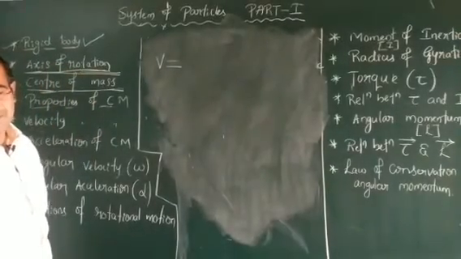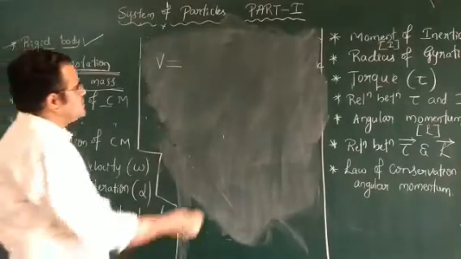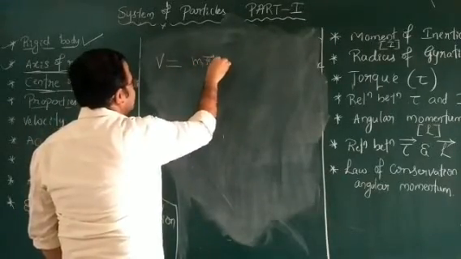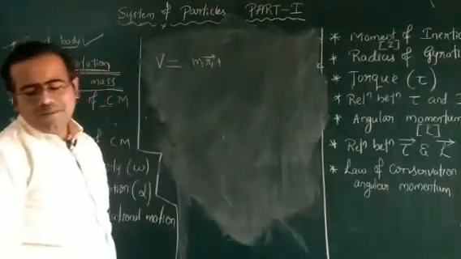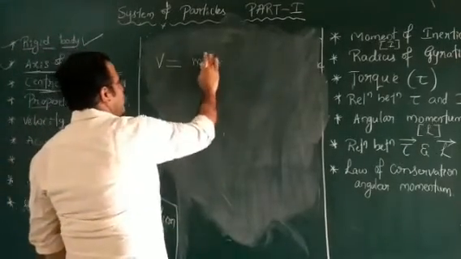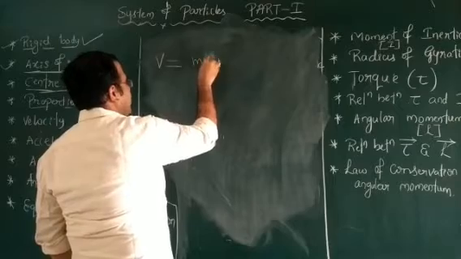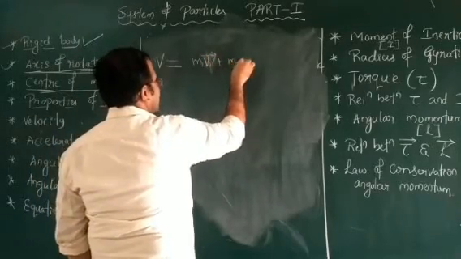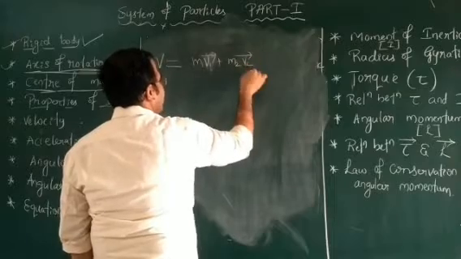m1 vector v1 plus m2 vector v2, because the first particle has a velocity given by vector v1, and the second particle has a velocity given by vector v2.